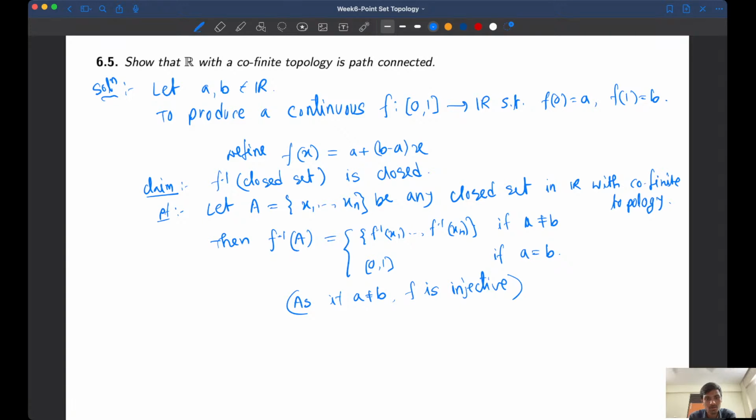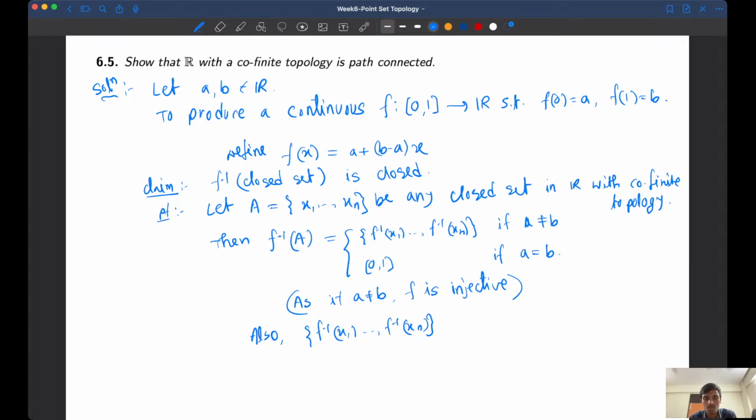Also, F inverse x1 and so on are finite sets, and on [0,1] we have the induced topology from R. Induced topology from R means the usual topology, right?